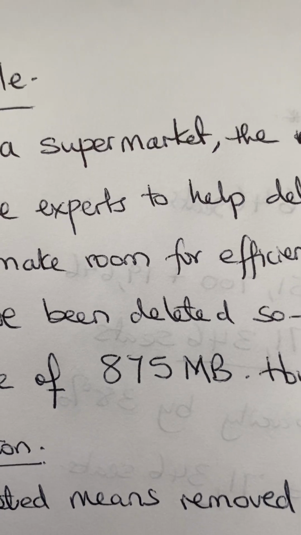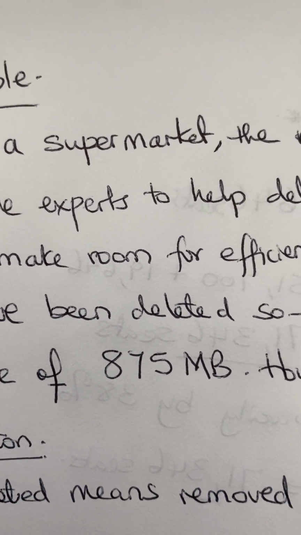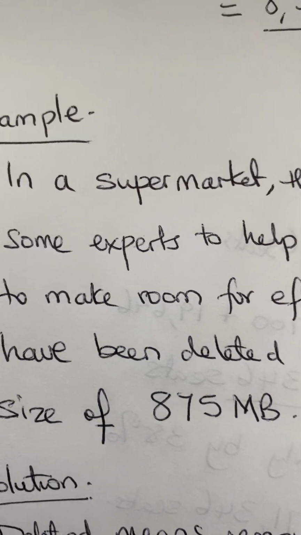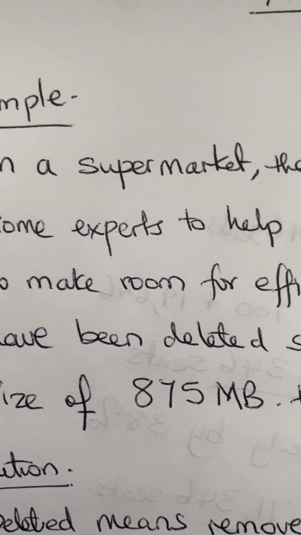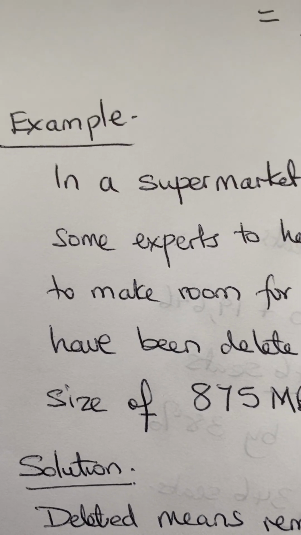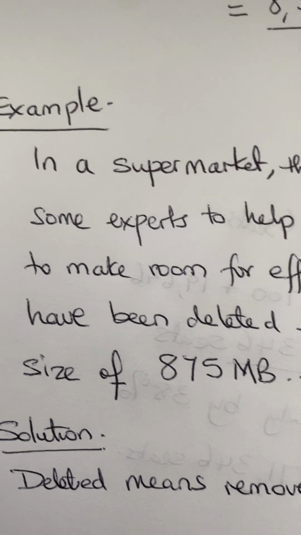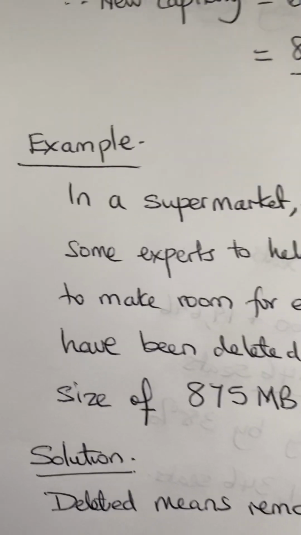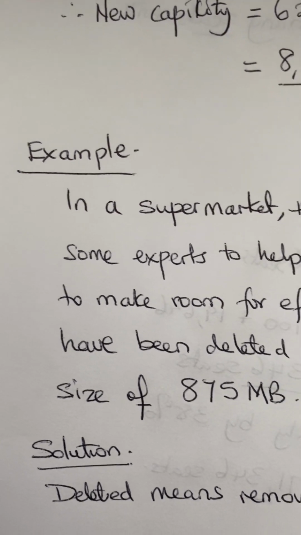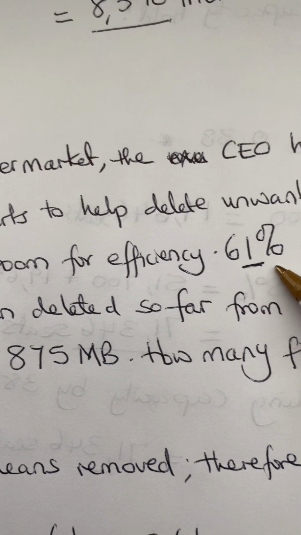So maybe the files in this supermarket, maybe Sainsbury's, Asda, Aldi, any of the supermarkets or your local supermarket, are slowing down their computer and making things slower and giving them long queues. Okay, so they are asking them to reduce the capacity.